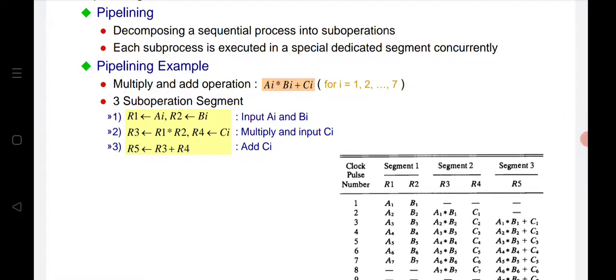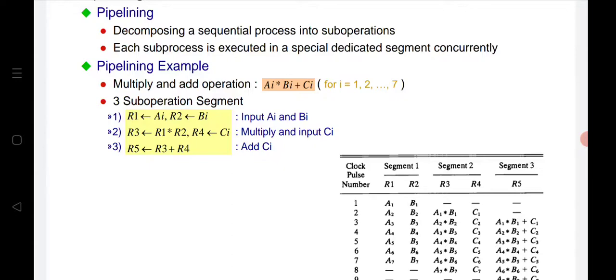Pipelining example, multiply and add operation. Now, if I am going to compute Ai times Bi plus Ci, where i is 1, 2, 3 till 7, I am going to have 3 sub-operation segments. The R1 register will be loaded with the Ai value, and R2 will be loaded with the Bi value, that is, input Ai and Bi.